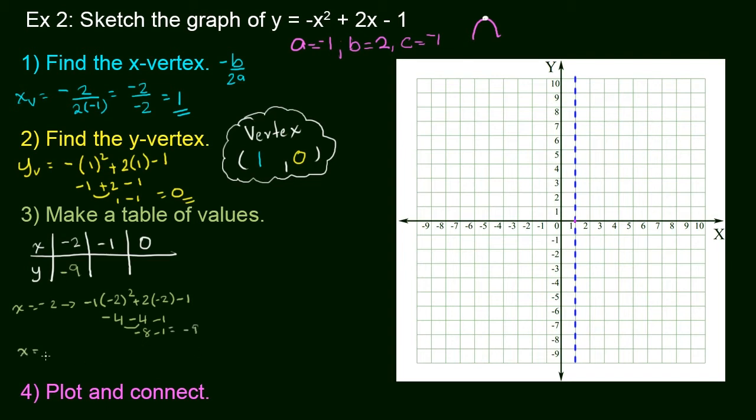At x equals negative 1, we have negative 1 times negative 1 squared plus 2 times negative 1 minus 1. Negative 1 squared is 1 times the negative 1 is negative 1. Positive 2 times negative 1 is negative 2 minus 1. Negative 1 minus 2 is negative 3 minus 1 is negative 4.